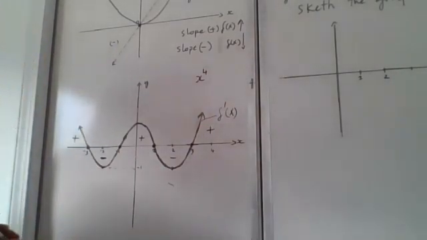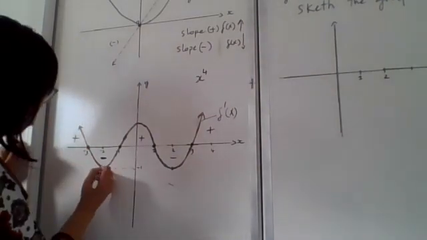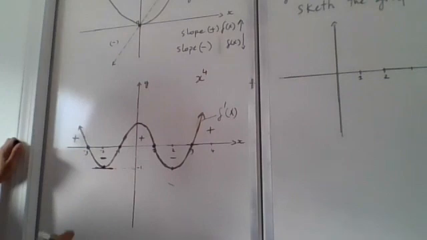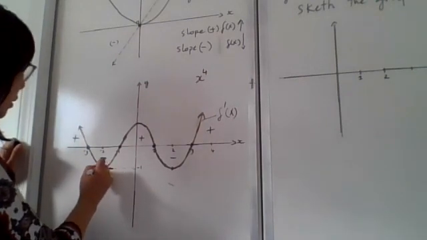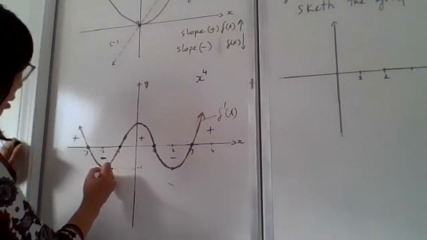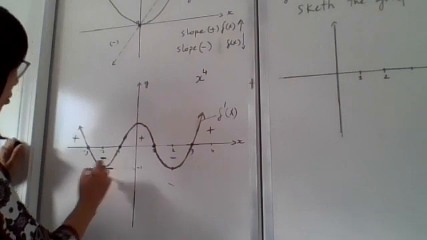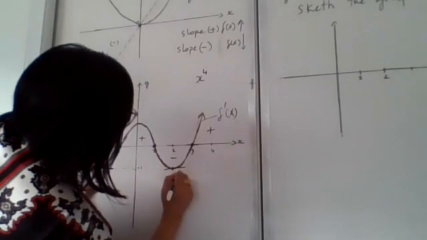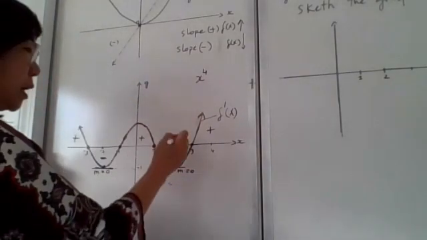What else are we supposed to pay attention to? We're supposed to pay attention to the minimum point, because at this minimum point we have a tangent line for our function, right? The slope will be equal to 0 at this minimum point.